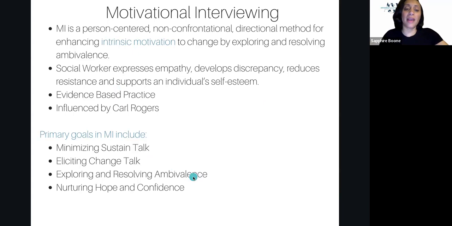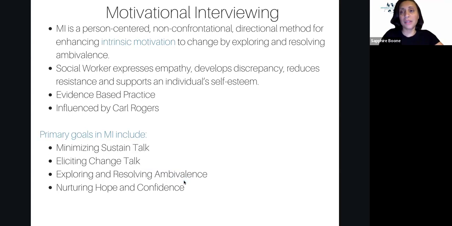Ambivalence is something that is worked with. Of course, we know what ambivalence is, but sometimes when you see it on the exam, you wonder why they are using these words. It can be difficult to process when they're using ambivalence in the scenario.